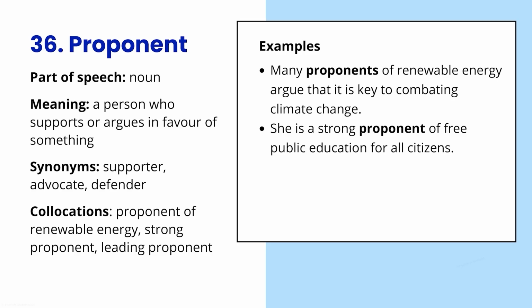So this means she's a strong supporter of free public education. So instead of always saying, I support, or I am a supporter of, or I believe this, I believe that, you can use I am a proponent of to sound more formal and academic. It's a really professional word, and it works really well in IELTS essays when you're giving your opinion about something.